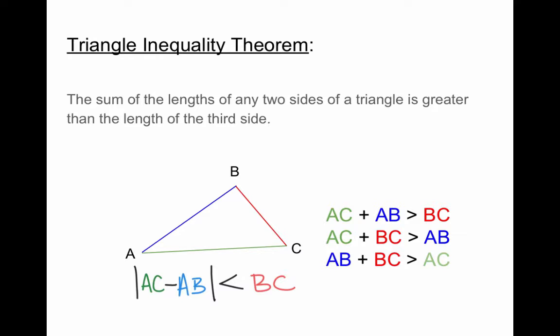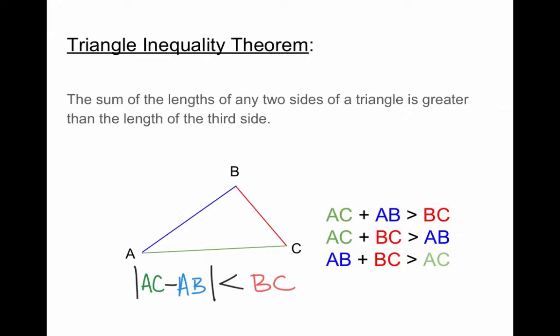Now, why does it have to have an absolute value in the problem? Well, keep in mind that in any triangle, one of these may be larger than the other. So it's the absolute value of their difference that must be less than BC.